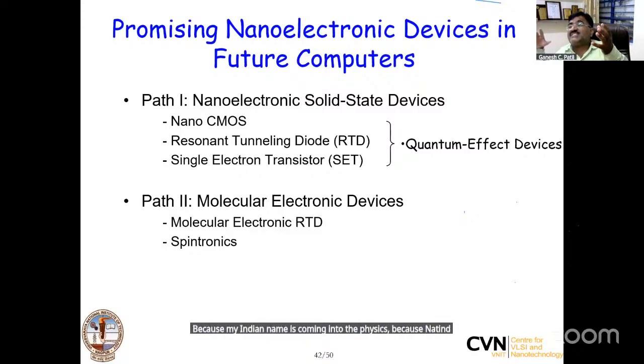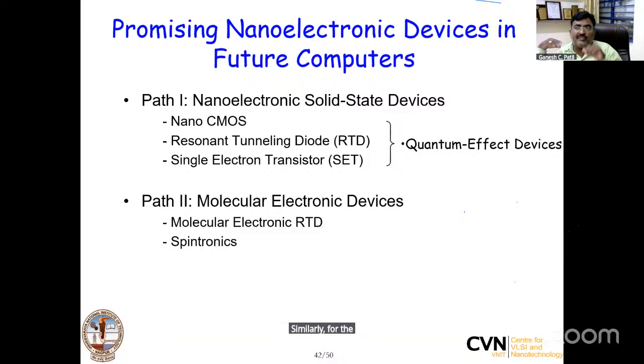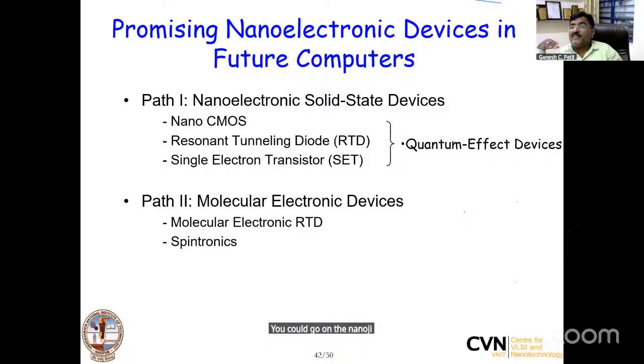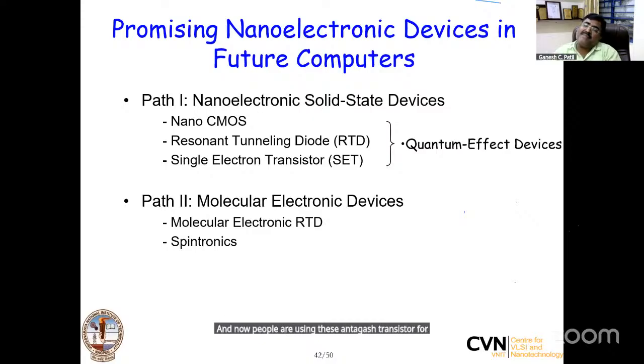Satyendra Bose was the researcher who came up with the Bose-Einstein approximation. Similarly, for spintronics also, one name is upcoming in the spin era. That name is Supriyo Datta. You could Google it, you could go to nanohub.org. He is the pioneer. He came up with the new spin FET, and the name of that spin FET is the Datta-Das transistor. And now people are using the Datta-Das transistor for spintronics applications also.